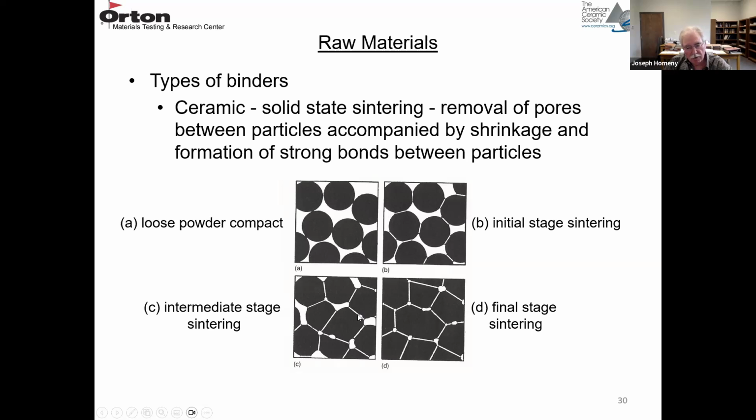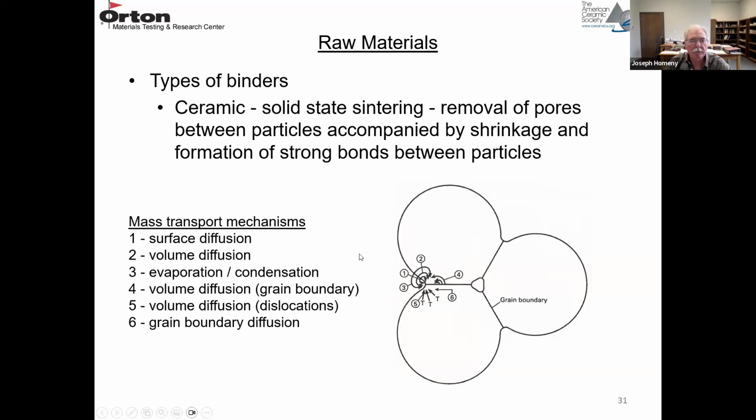These contact regions continue to grow, so the neck regions expand and the pores are decreasing in size. And then finally, when you have a sintered product, you can see the distinct crystals and the grain boundaries, and basically most of the porosity should be eliminated. So that's what happens during solid state sintering.